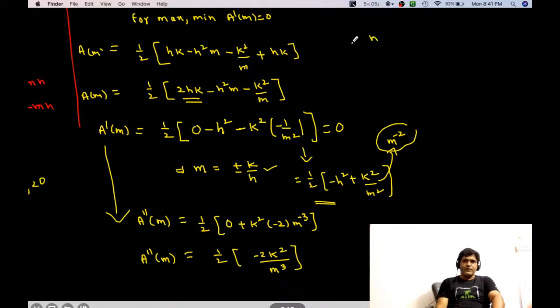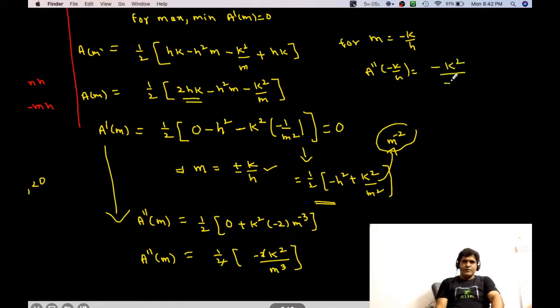Therefore for m equal to minus k by h, A double dash at minus k by h is equal to 1 by 2 times, this 2 we can cancel, so this is equal to minus of k square by m cube.